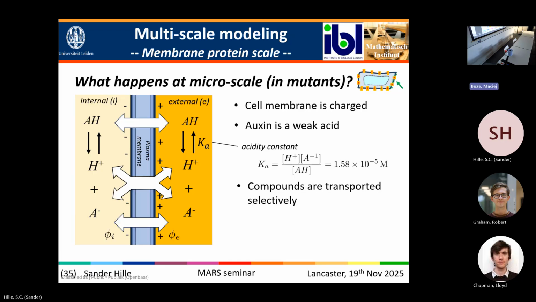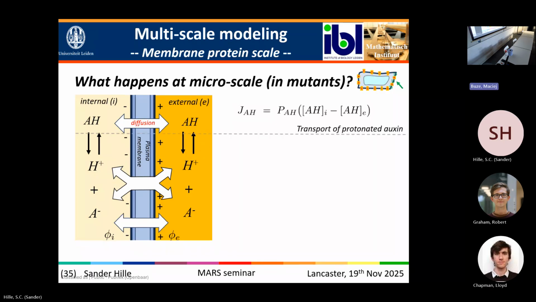And then there is selective exchange through the membrane, and that works differently for various parts. The protonated form can get through the membrane by diffusion. That was also part of the chemiosmotic theory. And you have a simple diffusion type expression for the flux.